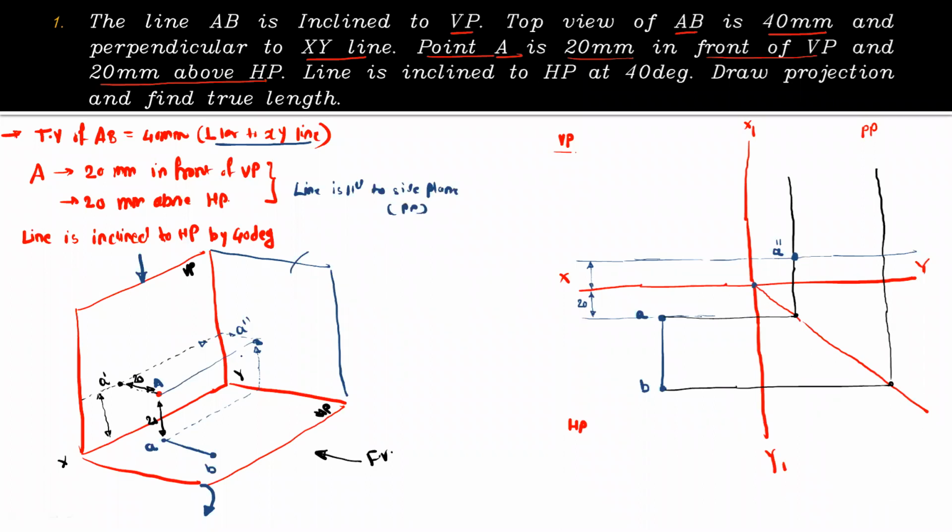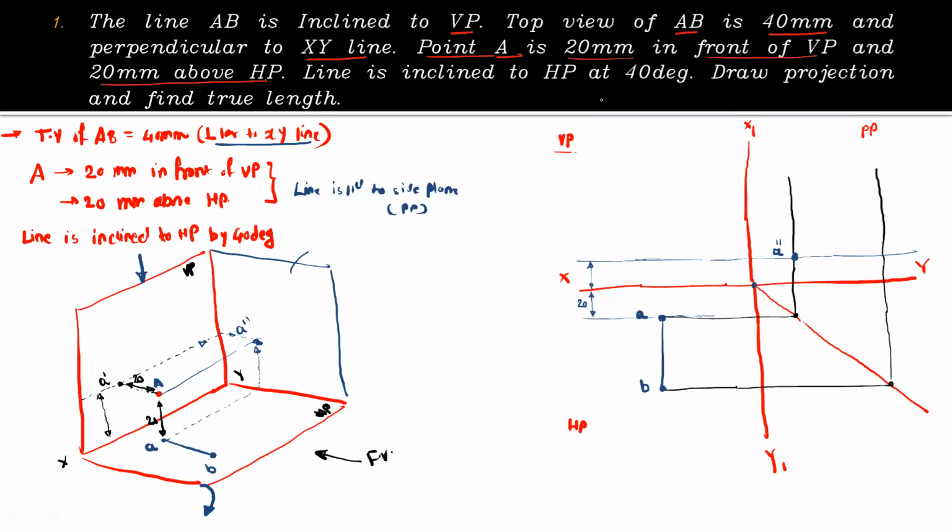So when the top view is exactly perpendicular to XY line, then we can say the given line is parallel to the profile plane. Therefore, in the profile plane, we will get the true length. For that true length, we have shown the position of A double dash. Now we have to locate the B double dash point.